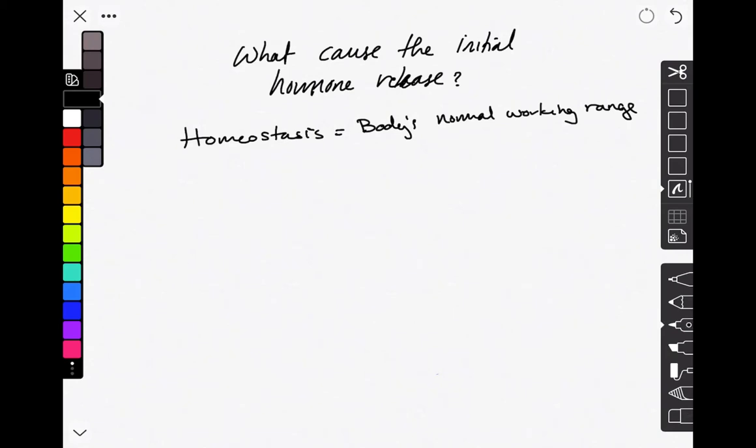So effectively, you have some stimulus that is monitored by a sensor in your body, or you could think of it as a receptor as well, that's just fine. And that information gets relayed to a control center. These are cells that kind of decide what to do. It can be within your brain. It doesn't have to be within your brain.